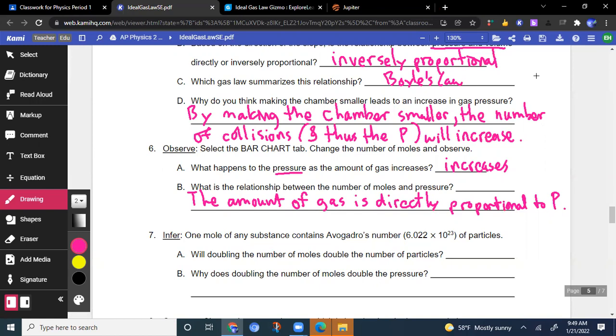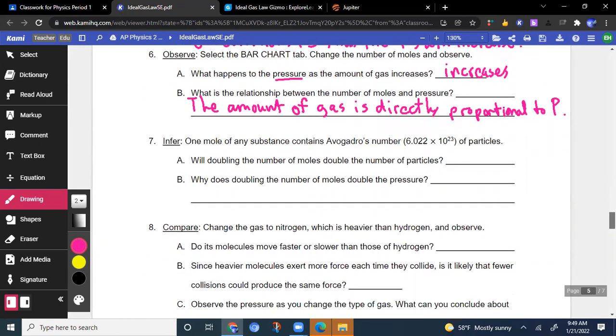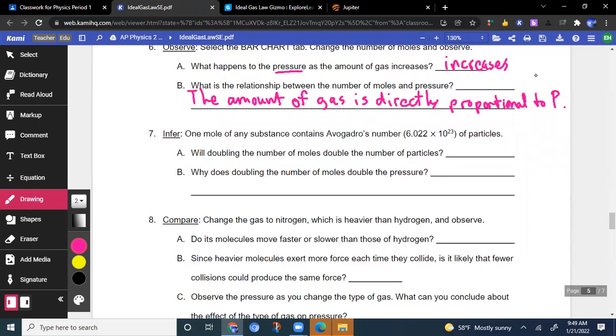All right. In part 7, we're going to make an inference. It tells us, ladies and gentlemen, that 1 mole of any substance contains Avogadro's number of particles. Avogadro's number is this constant value, this super huge number of 6.02 times 10 to the 23. What this means is 1 mole of hydrogen, 1 mole of carbon, 1 mole of iron, 1 mole of gold, I don't care what, contains this many particles.